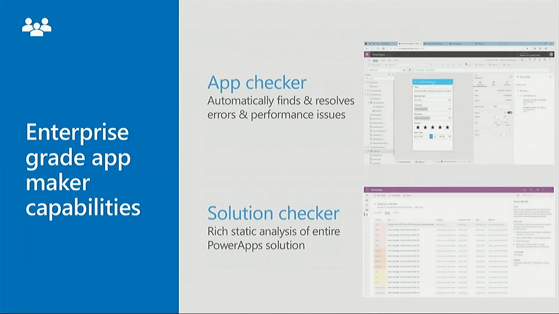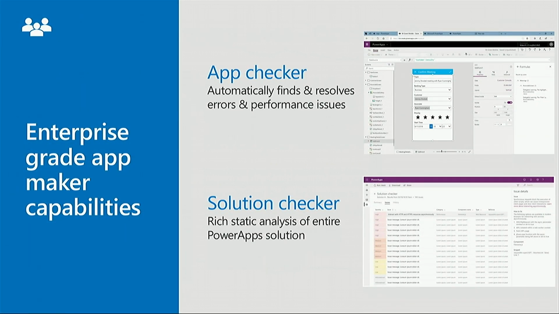If you talk about enterprise-grade app experiences, two of our favorite features are App Checker and Solution Checker. App Checker analyzes all of your application to look for different data patterns and data queries, to make recommendations around reliability and performance. And Solution Checker does the same thing, but for your entire solution. It looks at your plugins, your code, your workflow, your forms, all of that, and again makes recommendations.